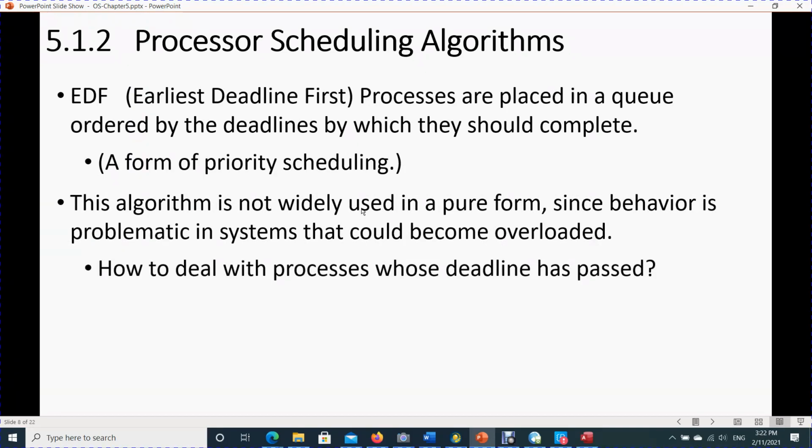It's not a widely used algorithm, at least not in a pure form, since, at least in part, it's problematic. What do they do with a process when the system becomes overloaded, when a process cannot be completed before its deadline?